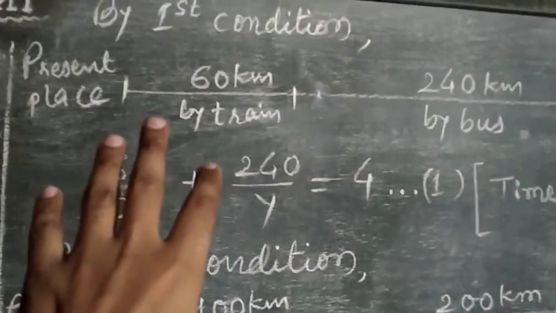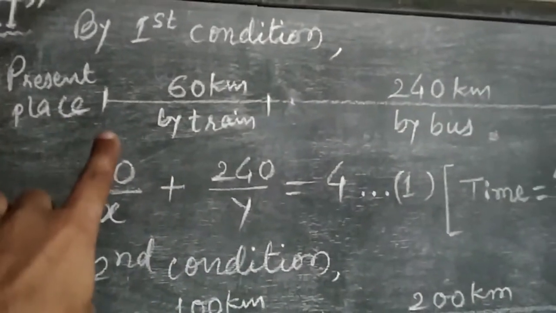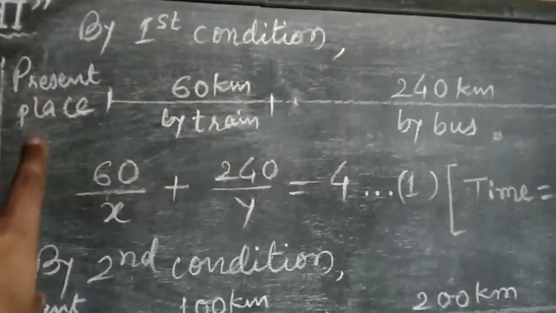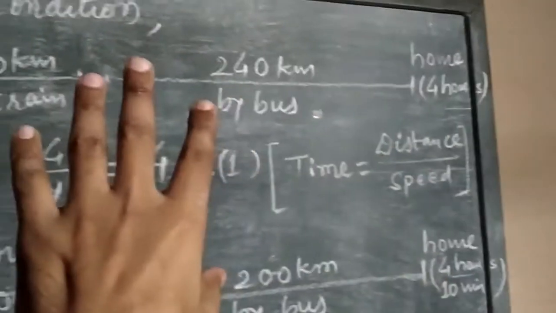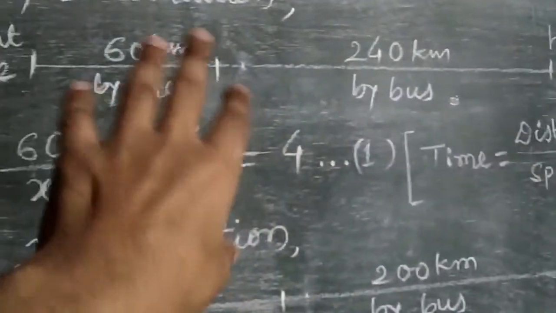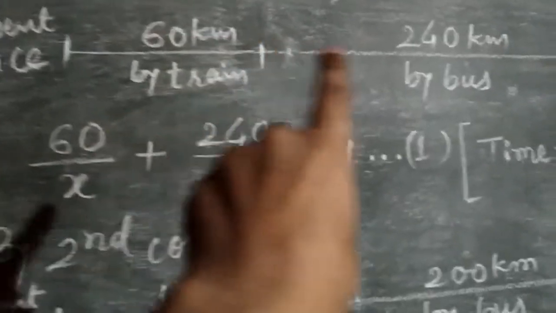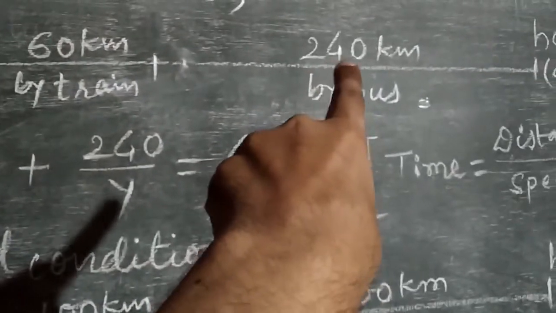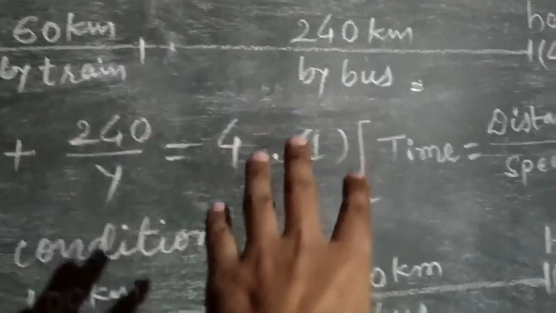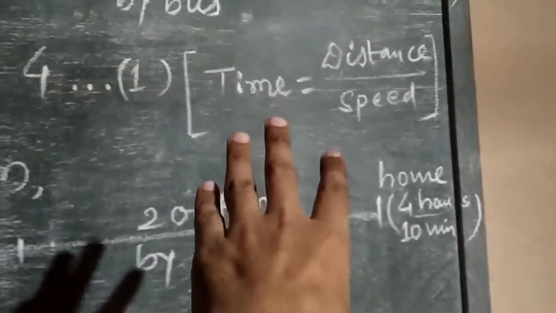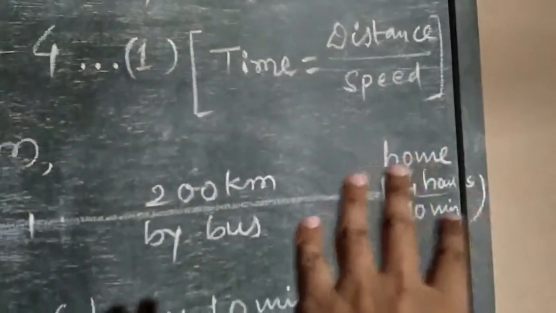According to the first condition, the total distance from the present place to home is 300 km, in which the first 60 km is travelled by train and the remaining, that is 300 minus 60, which is 240 km, by bus. Here we will use the formula time equal to distance upon speed.